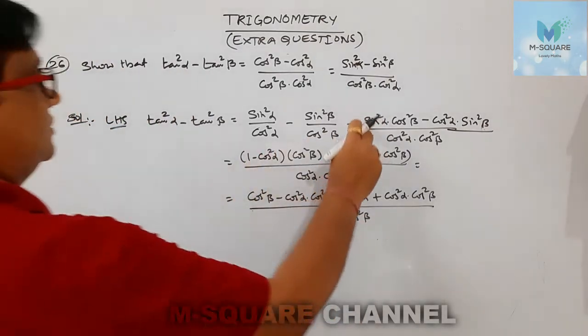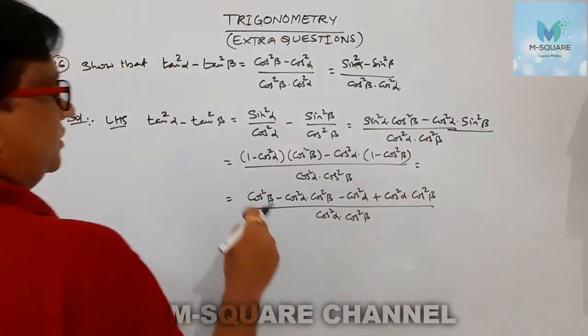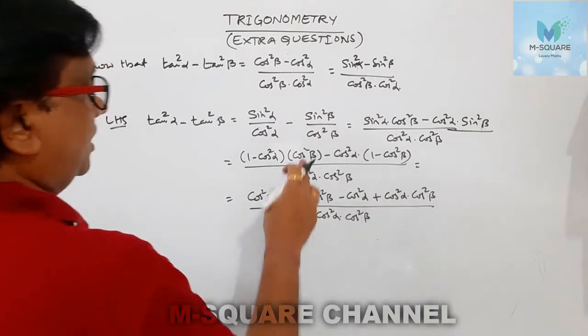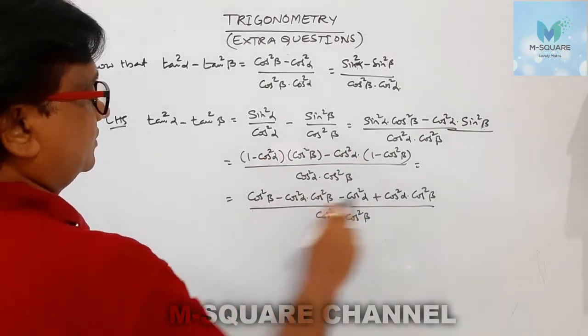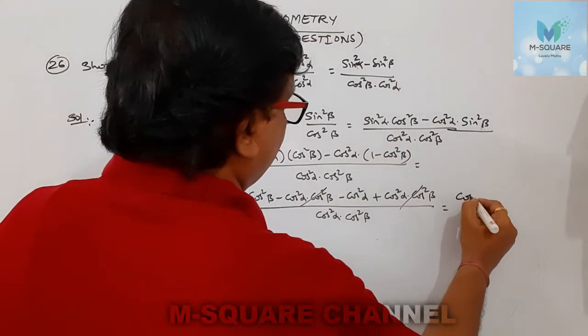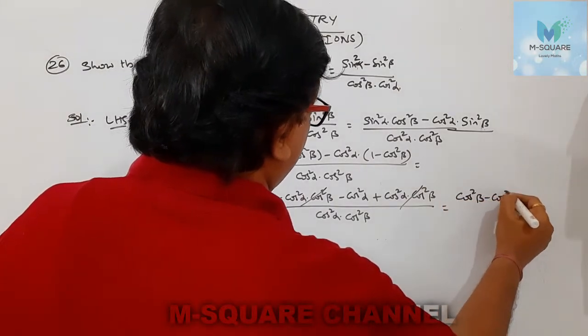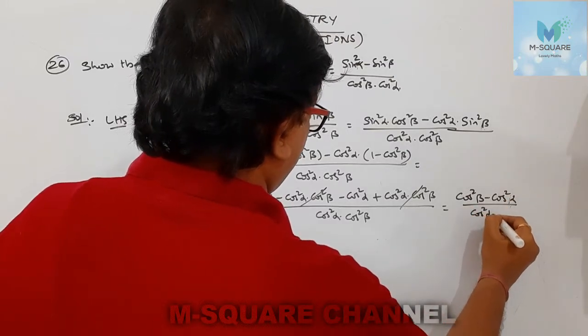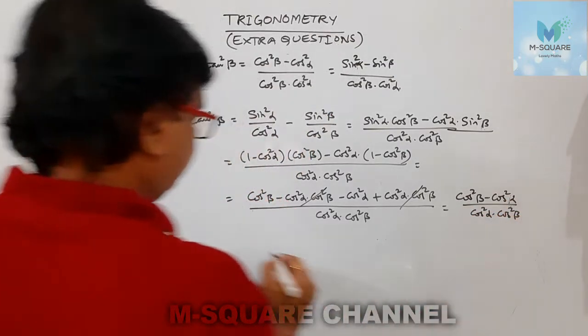After multiplication we get this answer. So these two are cancelled. So our answer is cos square beta minus cos square alpha by cos square alpha into cos square beta.